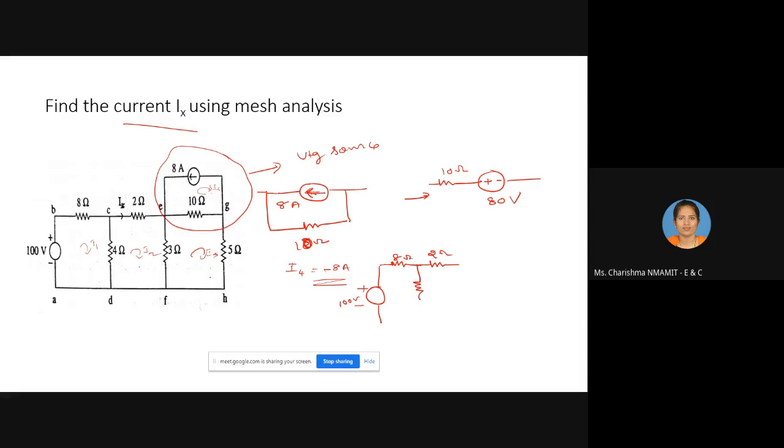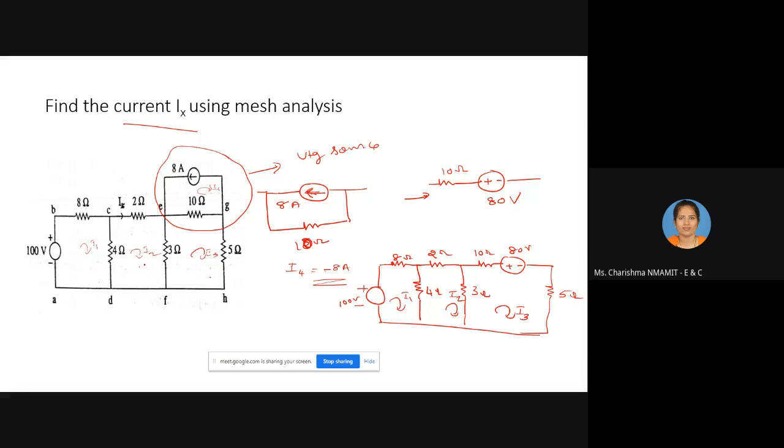Here you have 4 ohm, this is 3 ohm, here you have 10 ohm. This is plus to minus, 80 volt. Then 5 ohm. Now this is the circuit. You write the equations for mesh 1, mesh 2 and mesh 3, and determine the values of I1, I2, I3.